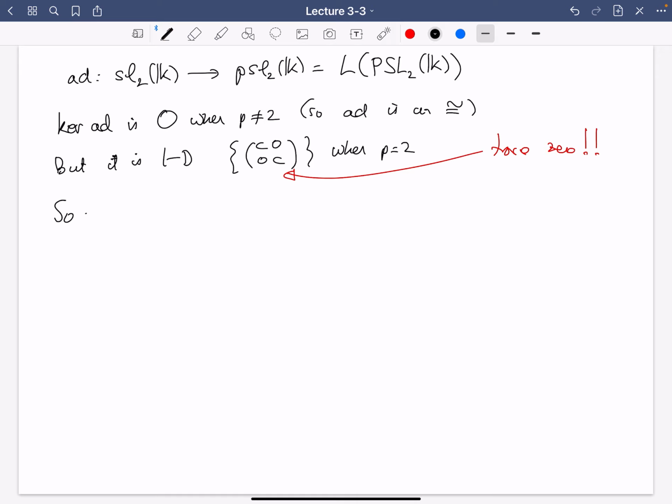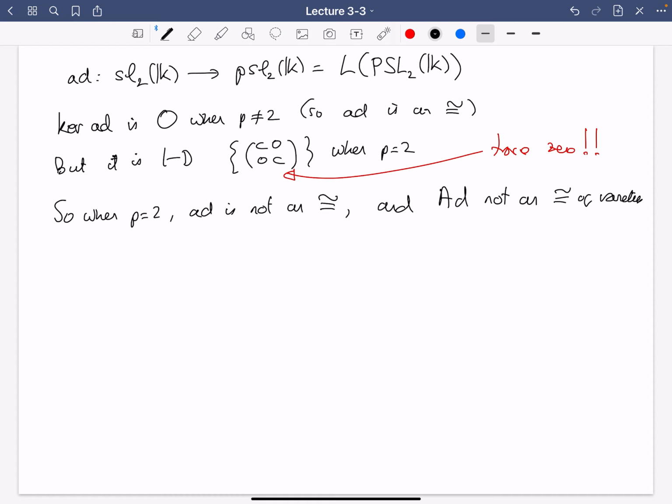So when P equals 2, a add is not an isomorphism, and that kind of explains why big A add is not an isomorphism of varieties. Little a add is the differential of big A add. If big A add were an isomorphism, certainly its differential would be an isomorphism too, but it's not.